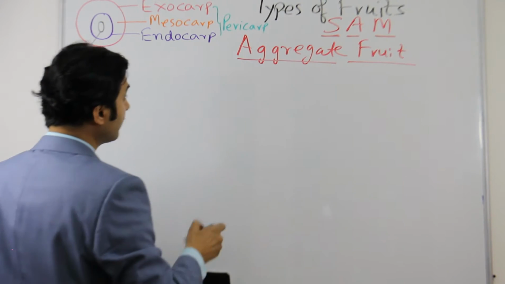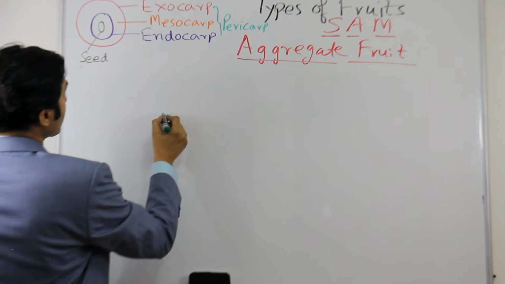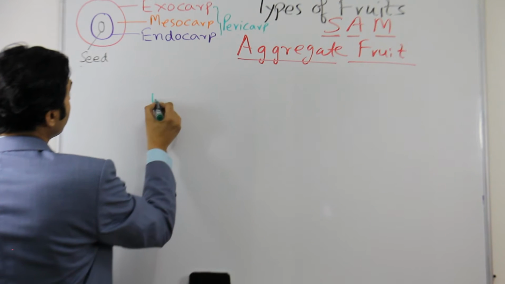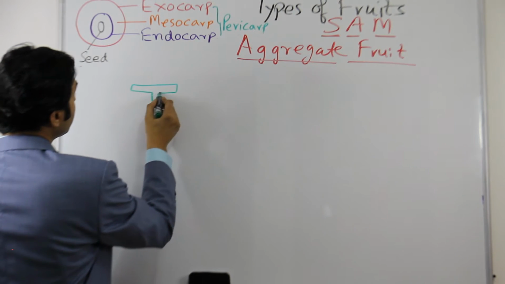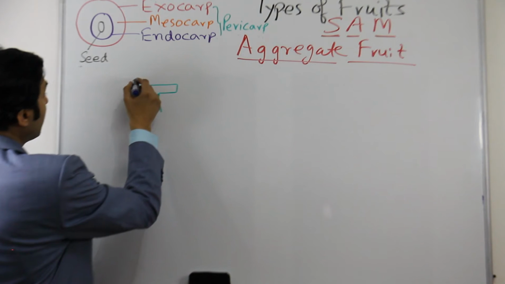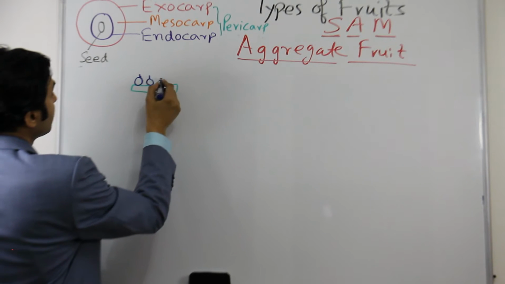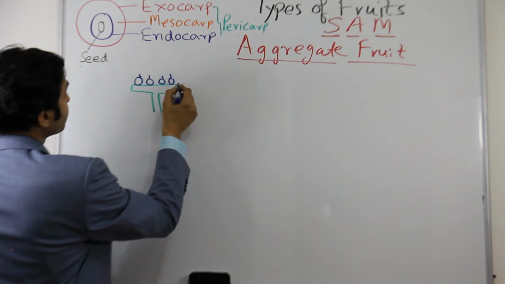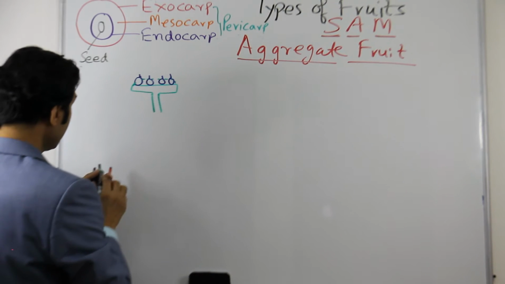So let us come to aggregate fruit. It develops from one flower, so one flower, one thalamus. This is the flower, this is the pedicel, and this is the thalamus. What happens here? There are many ovaries. One ovary or one pistil, its stigma, style and ovary like this, and in a 3D view it will be like this.